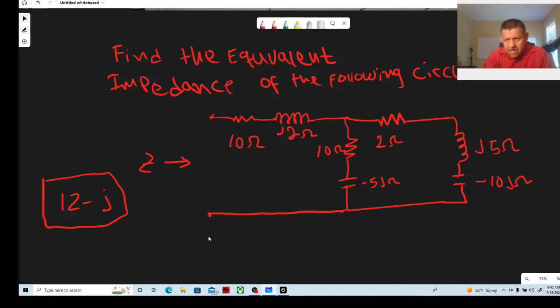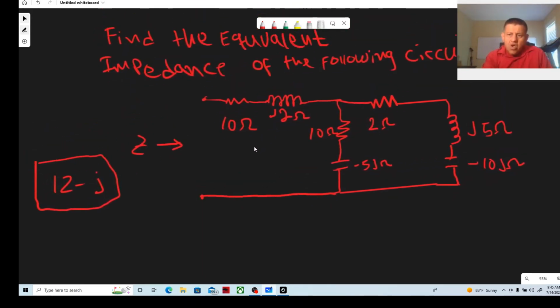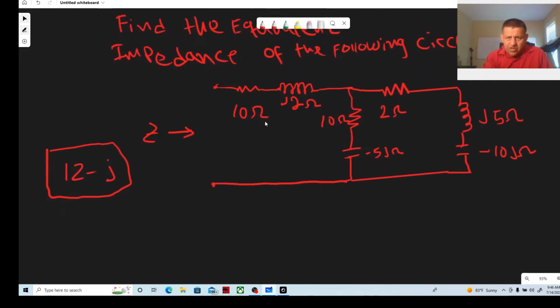If somebody tries this problem and gets a different answer and says, well, my answer is different, it's a little bit different because it's been rounded off.